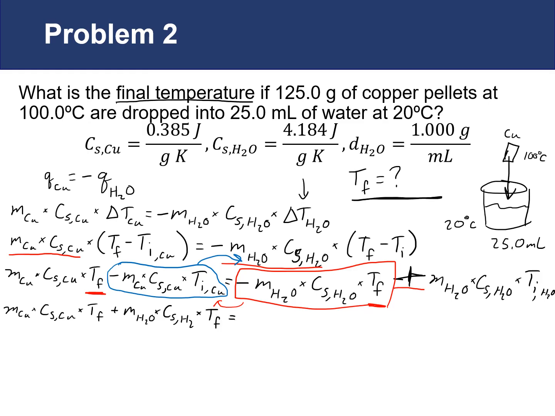That will be equal to the mass of water times the specific heat capacity of water times the initial temperature of water plus what we had over here, which is the mass of copper times the specific heat capacity of copper times our initial temperature of copper. Now we're going to get our temperature final all by itself, right?